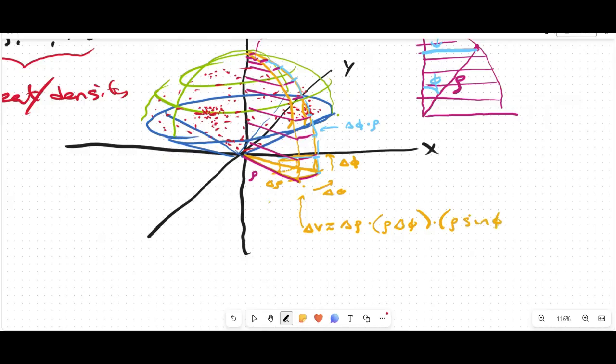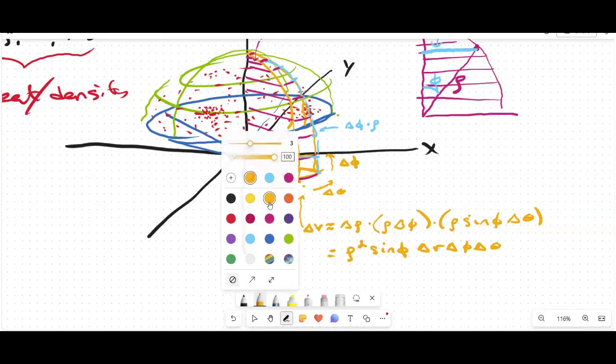That's the radius for delta theta. And when we put it all together, we get rho squared sine phi delta rho delta phi delta theta. Any order, doesn't really matter. That's the hardest part right there.